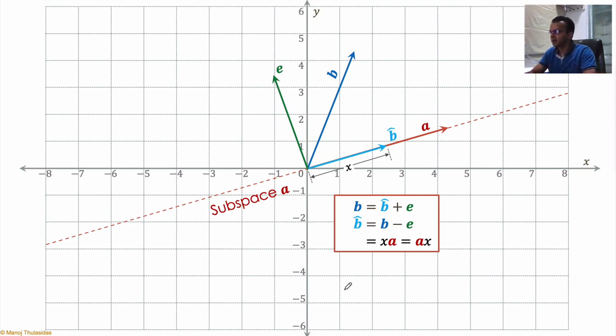Then I can say that B is actually B hat plus the error. So B hat, I move E to the tip of B hat and I'll reach B. So B is B hat plus E, which means B hat is B minus E, and that has to be along the direction of A, which means there's some scaling factor X which will say that B hat or B minus E is equal to AX. So that's all I want to say.